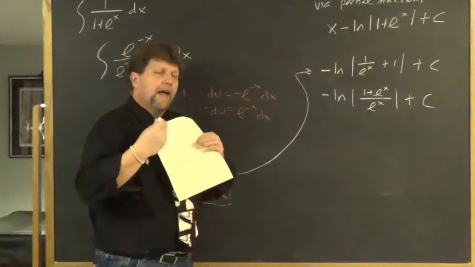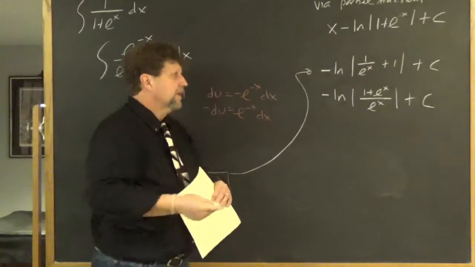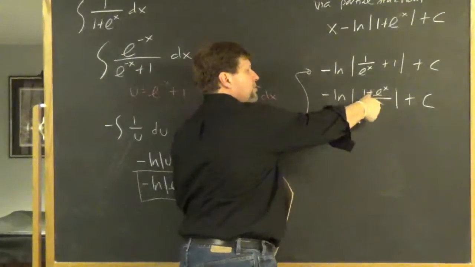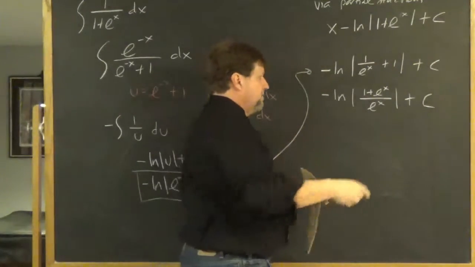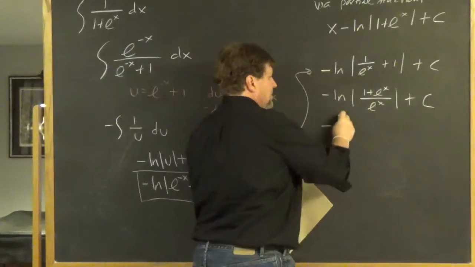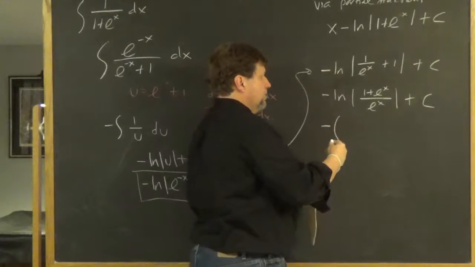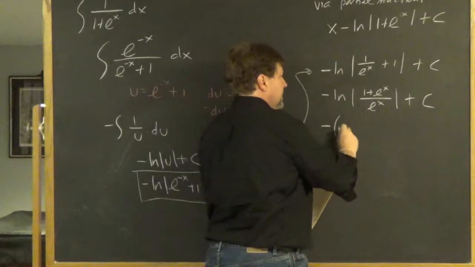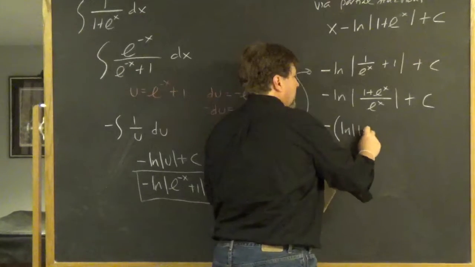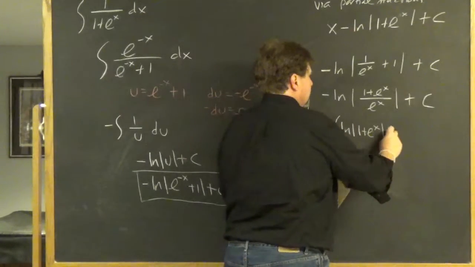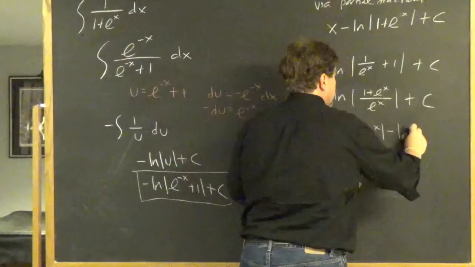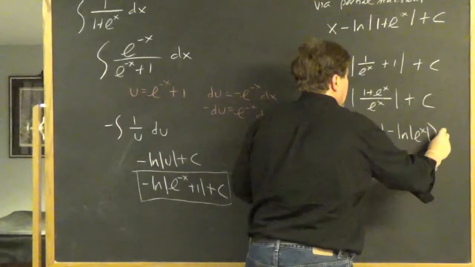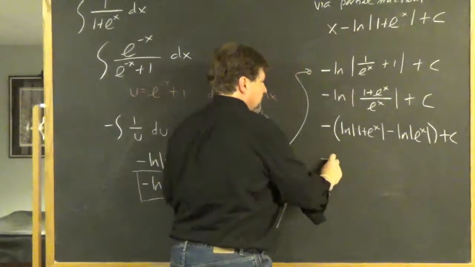And now we remember that old property of logarithms. When you have the natural log of a quotient, you can rewrite it as subtraction. So the opposite of, and I better put that step inside parentheses. So I'm using a property of logarithms to rewrite this as the natural log of 1 plus e to the x minus the natural log of e to the x.